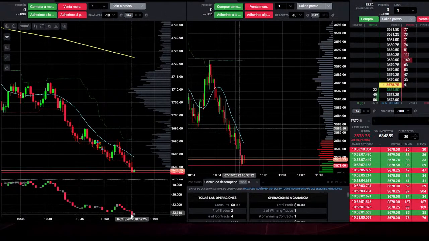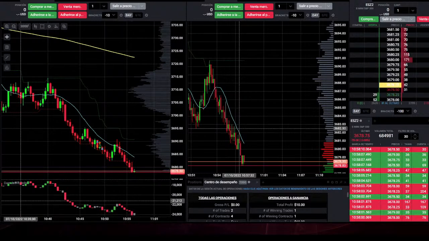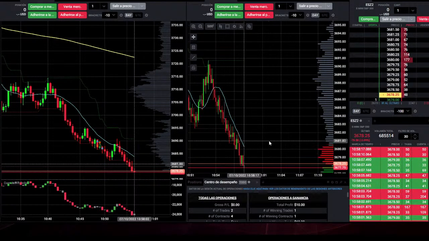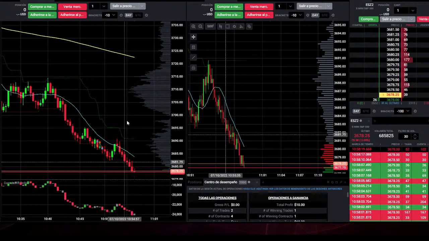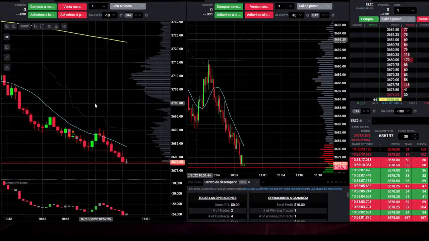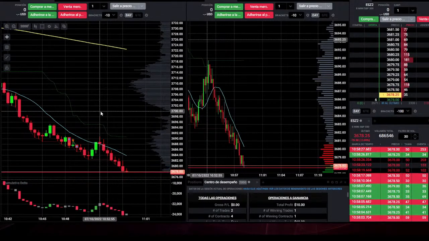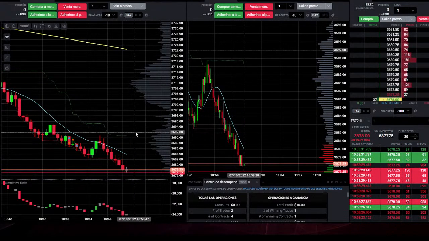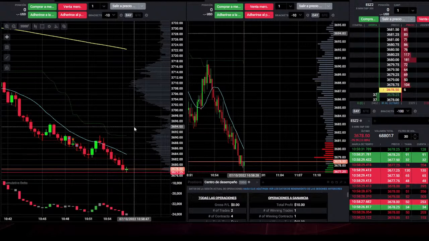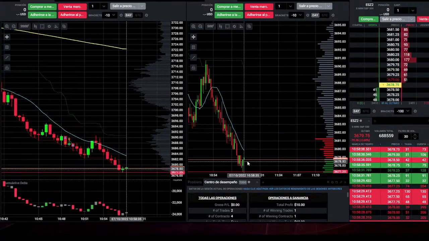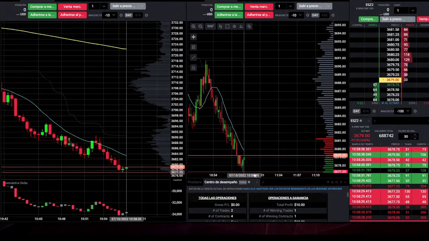Here it was a big red candle in the delta. Really astonishing. But no entries here. It's kind of foolish to enter here because there's no indication it's going down.